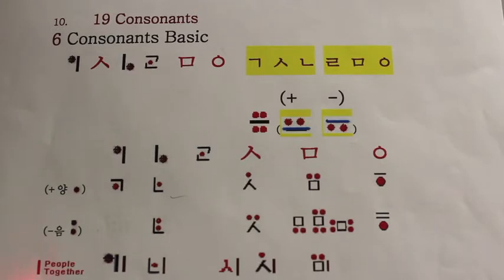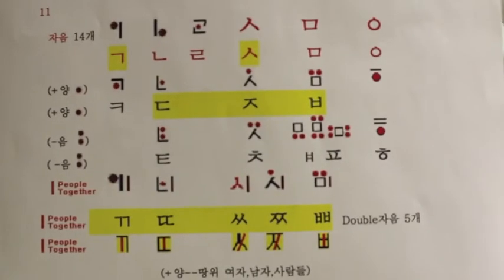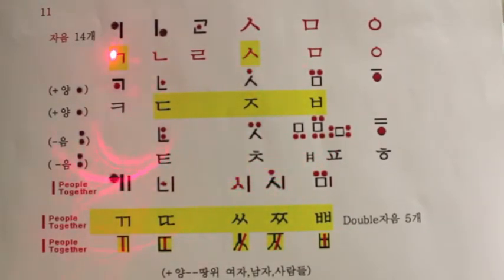Above the ground, the woman and man are both positive yang. You can add another human to these symbols like this to make them look like these. These are the 5 double consonants. If you change the dots into lines, you end up with these symbols.